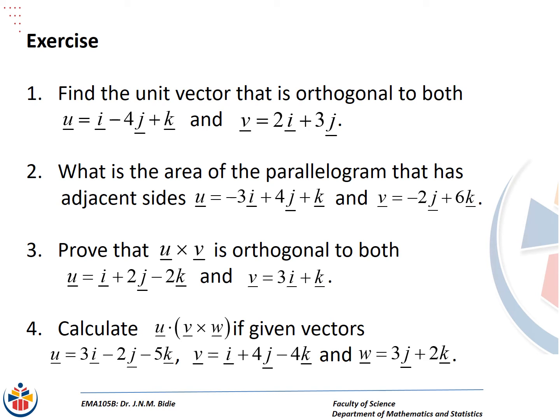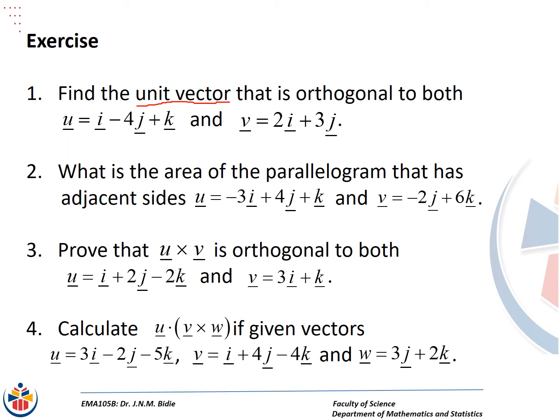Firstly, number 1 is requiring us to find the unit vector that is orthogonal to both U and V. Now, orthogonality, we know it could be the dot product, but then it's the dot product of what with what? In this case, one of the properties said U cross V is orthogonal to both U and V. Now, in this case, we are asked to find the unit vector.